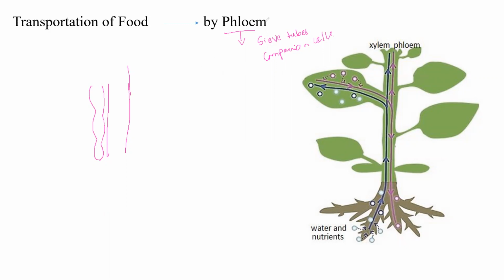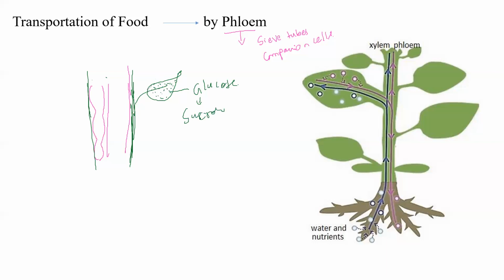One second, let's see. Take a stem. Then here are the leaves. This is the place where food is prepared, the source where the food is prepared in the form of glucose. That glucose gets converted into sucrose, which is for storage.